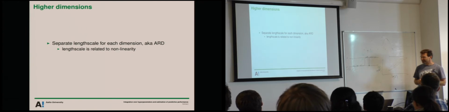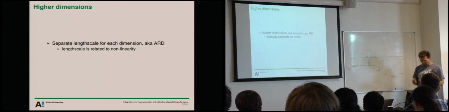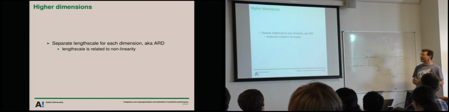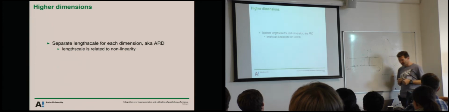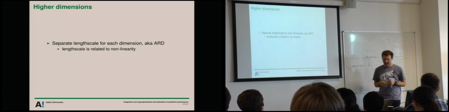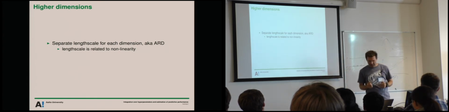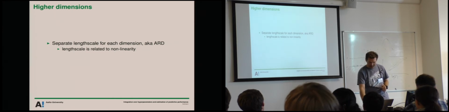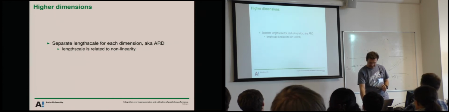And then at that point, I want to also remind you about the interpretation of the length scale. If we have a separate length scale for each dimension, it's often called automatic relevance determination, which is a really bad name because the length scale is related to nonlinearity and not to the relevance.